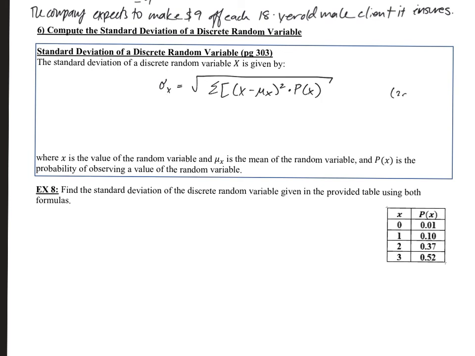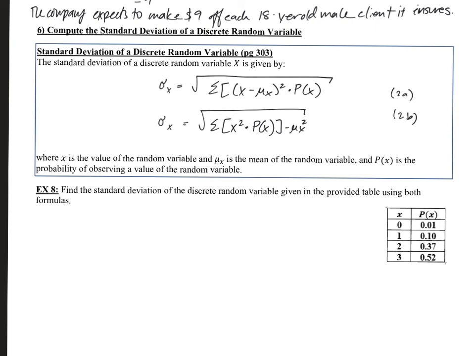The second version of the equation is the square root of the sum of x squared times the probability of x minus mean of x squared, where x is the value of the random variable and mu sub x is the mean of the random variable and p of x is the probability of observing a value of the random variable.